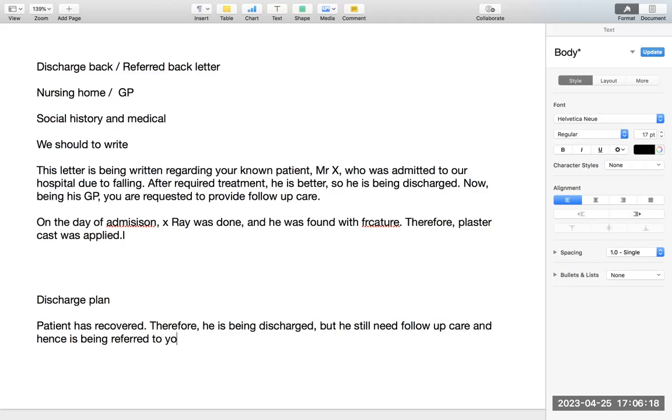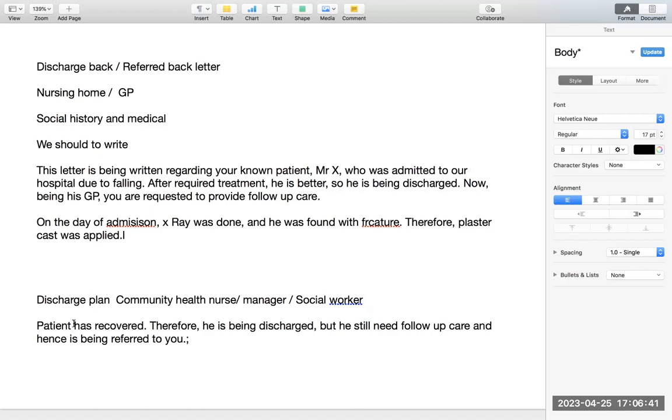So this is a simple letter. A discharge plan letter mostly goes to a community health nurse, community health manager, or a social worker, because these are the people who will provide the follow-up care.